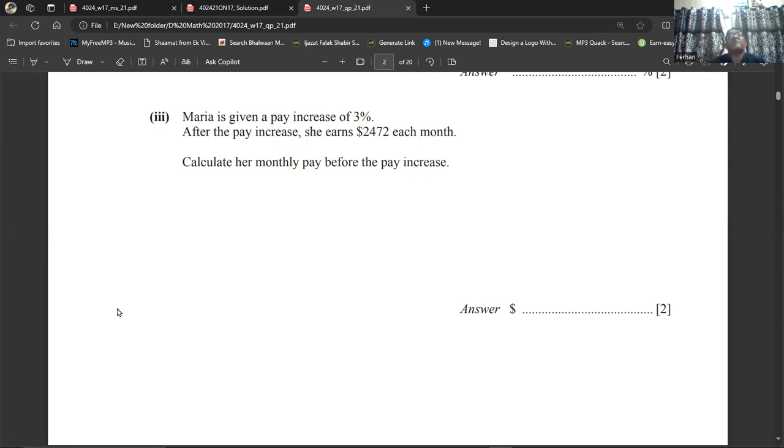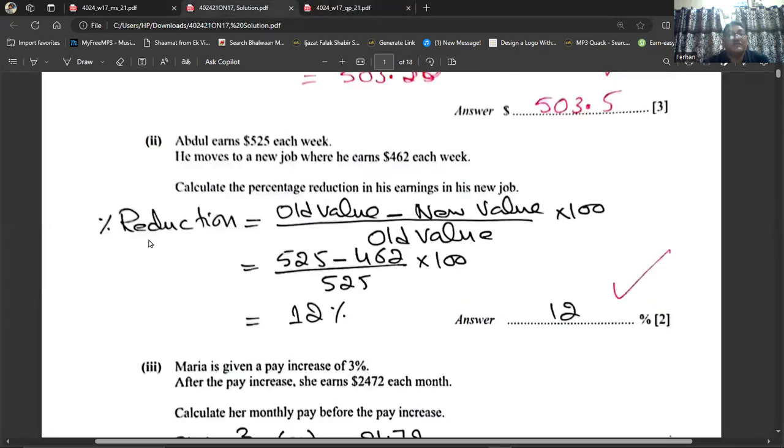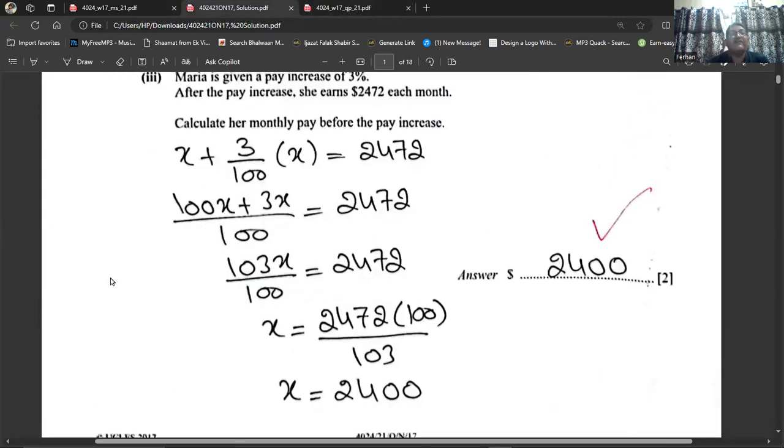So x plus 3% of x equals 2,472. So here we have x plus 3 by 100 of x equals 2,472. We will take the LCM; here 100 will be the LCM. So upstairs you will have 100x plus 3x, and downstairs you will have 100, equals 2,472.